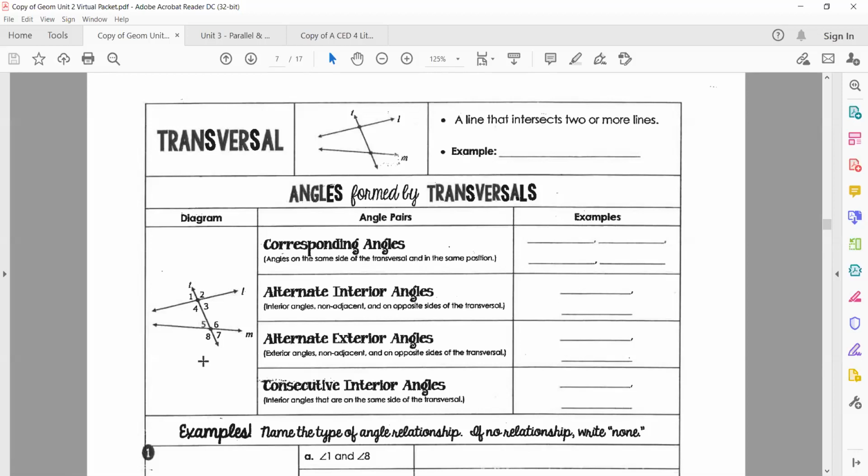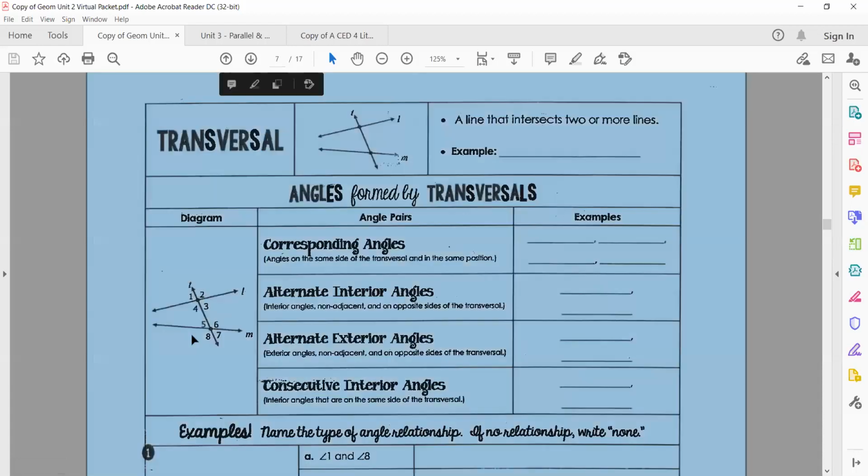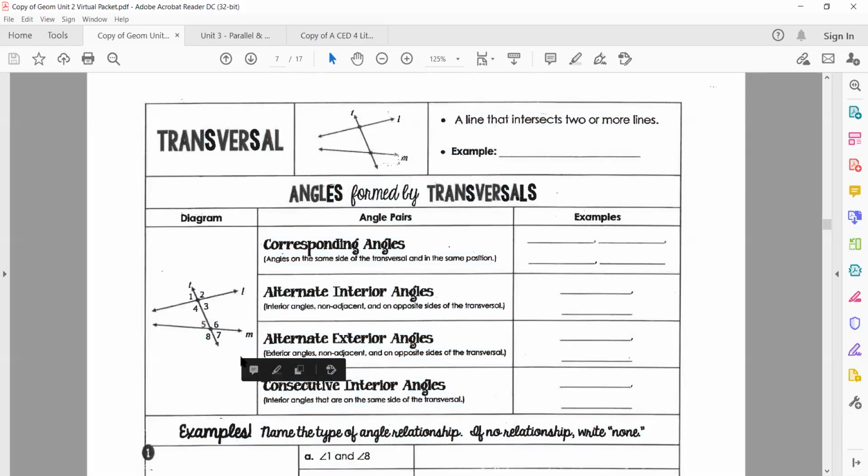Well, if you're so literal that you can't imagine that this area in here between L and M is the interior of this diagram, this is going to be a hard one for you to understand, because that's what they're talking about. So that means, conversely, that the area above L and the area below M, that's the exterior.